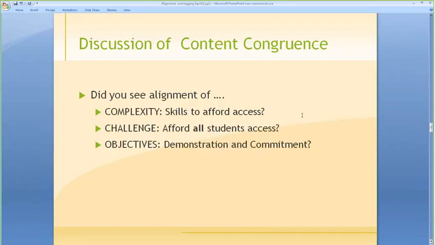Okay, if we're looking for skills in affording all students access and demonstration and commitment, we talked about ways to have other assessment items or to integrate other assessments to demonstrate. Most of the time, CAPE is going to be looking for at least 2 measures for a particular component in the evidence.